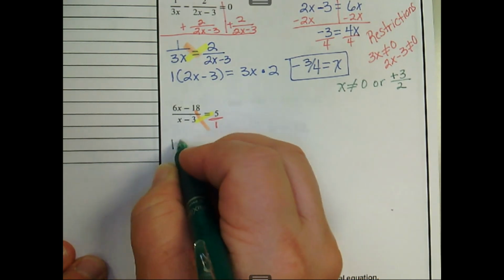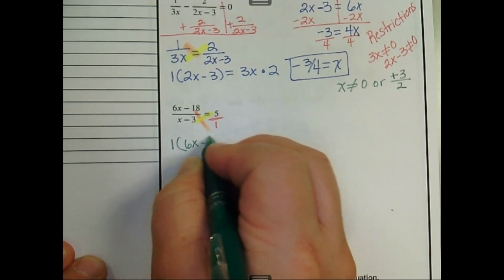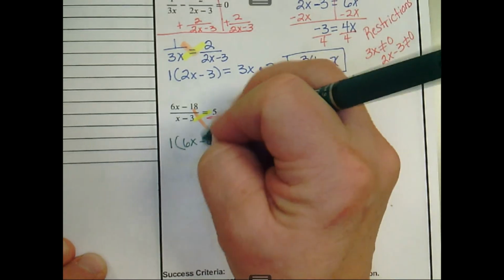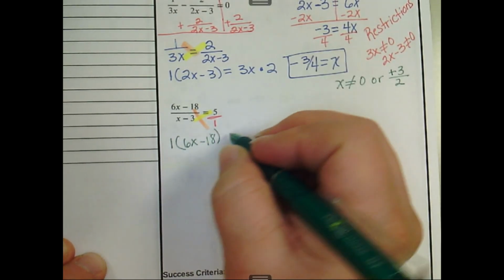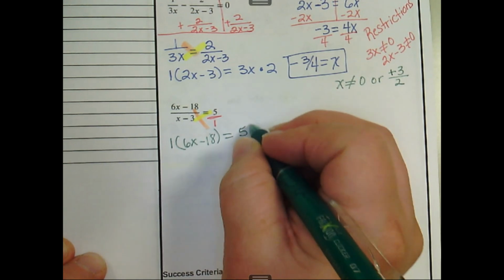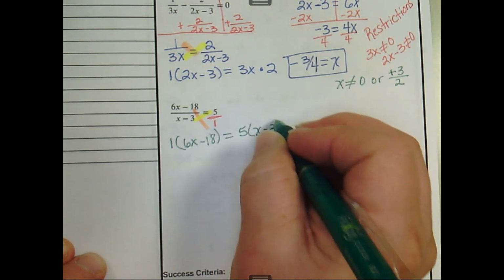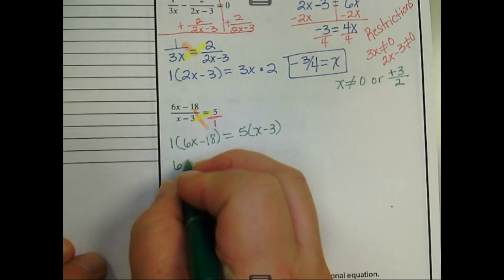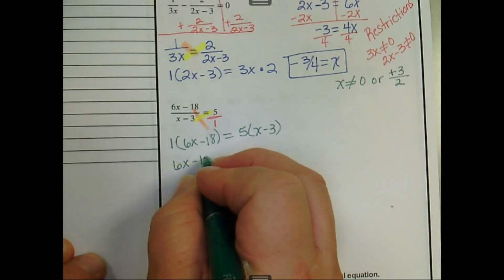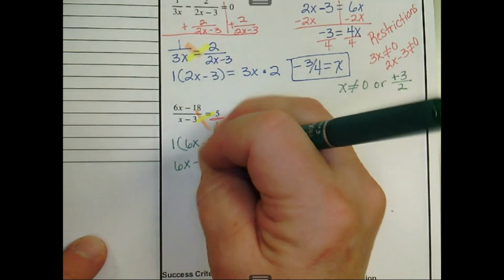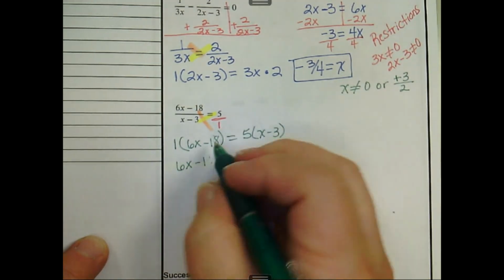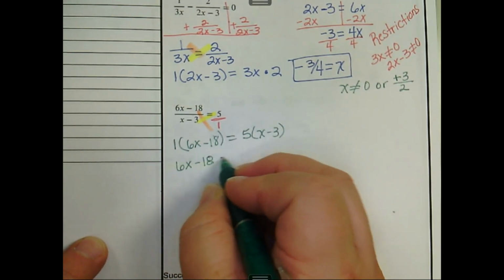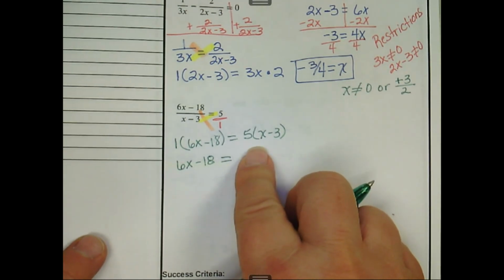So 1 times 6x minus 18 is equal to 5 times x minus 3. I keep wanting to screw up that second number for some reason. 6x minus 18 is equal to, do your distributive.